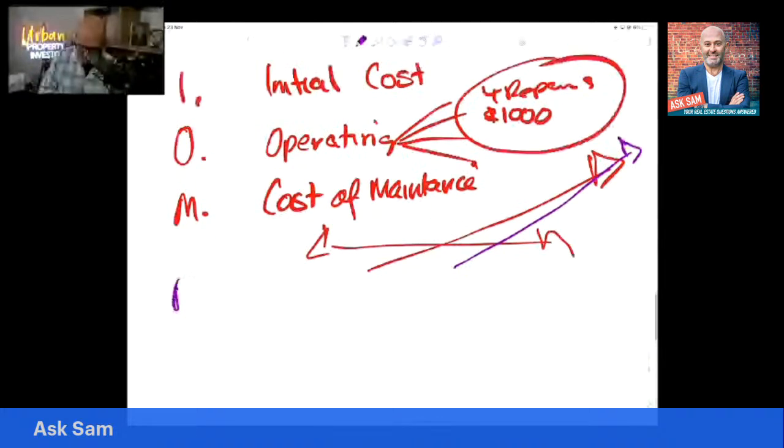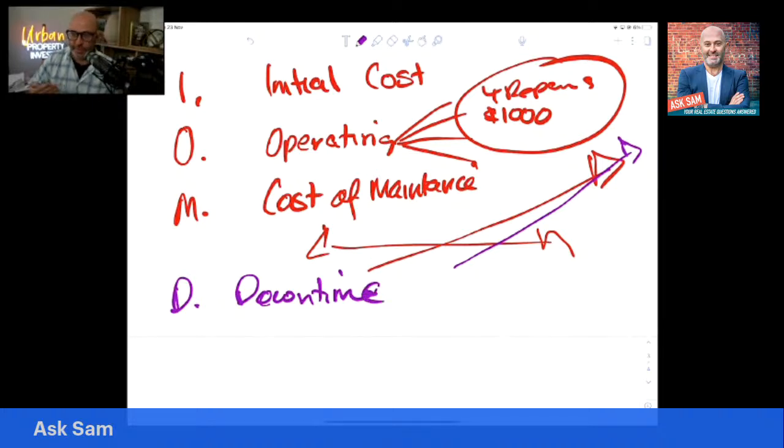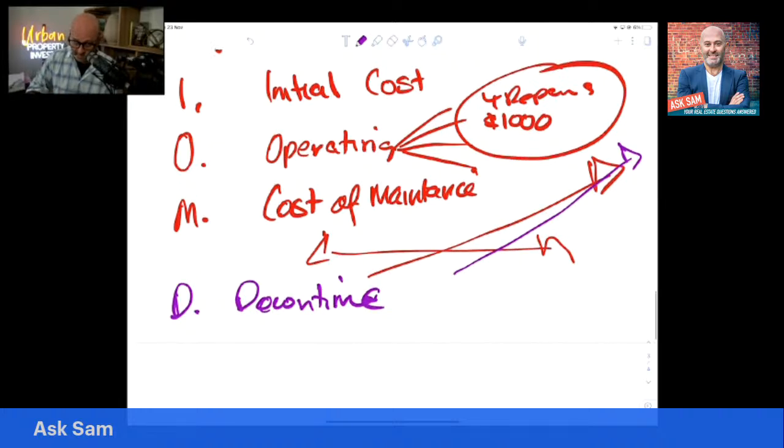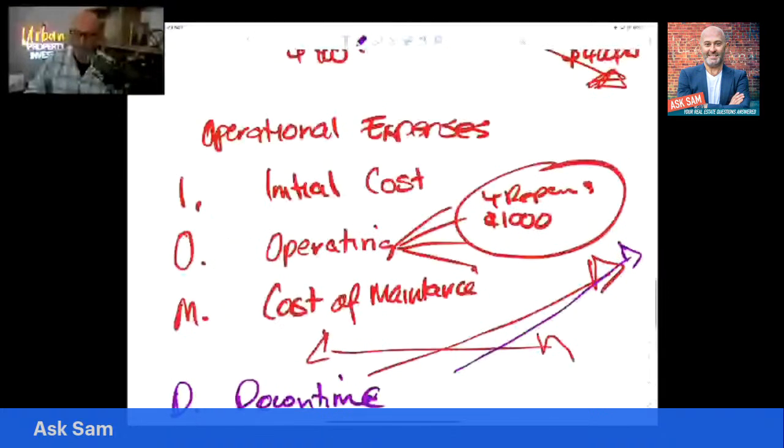The next one is really downtime. In real estate, downtime is not a good thing because we're in the business of turnover of rent. Downtime is usually a reflection on the appeal of the asset. Not always. Sometimes it's a reflection of the market conditions. But if the market is fairly buoyant and your property is not renting, tenants aren't stupid.